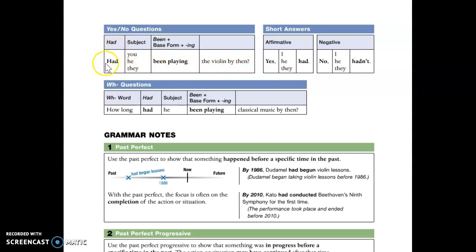And because we used it to ask questions, we'll also use it to answer the questions. Yes, he had, or no, he hadn't. Once you have a yes/no question, all you need to do is add the WH word in front of it, right? How long had he been playing the violin, for example? And this is how we create both tenses, past perfect and past perfect progressive.